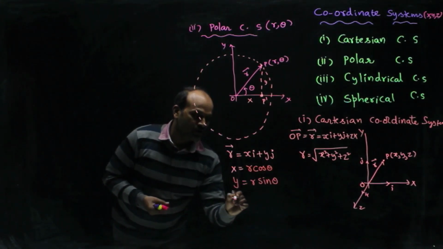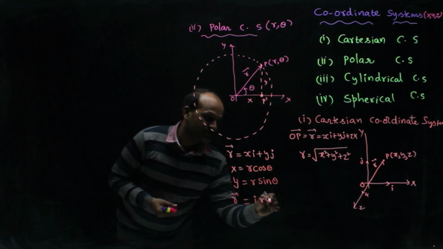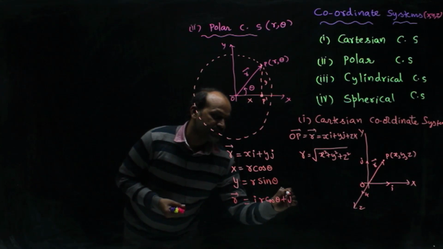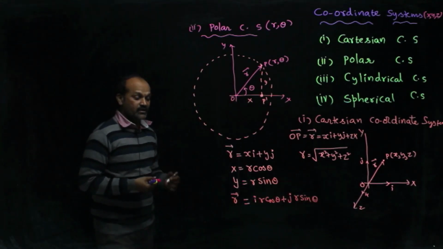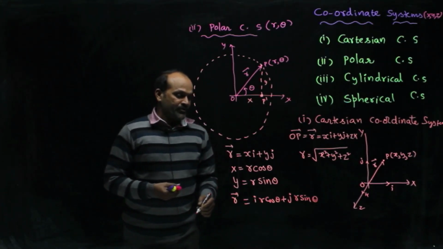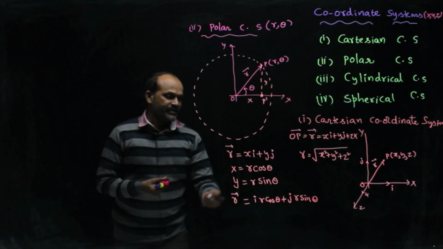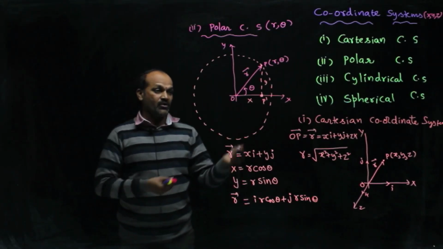So now r bar can be written as i r cos theta plus j r sin theta. We can represent it in terms of theta and the radius vector. So if you take the magnitude, what do you get? You will get the magnitude r only. And how do we calculate theta?